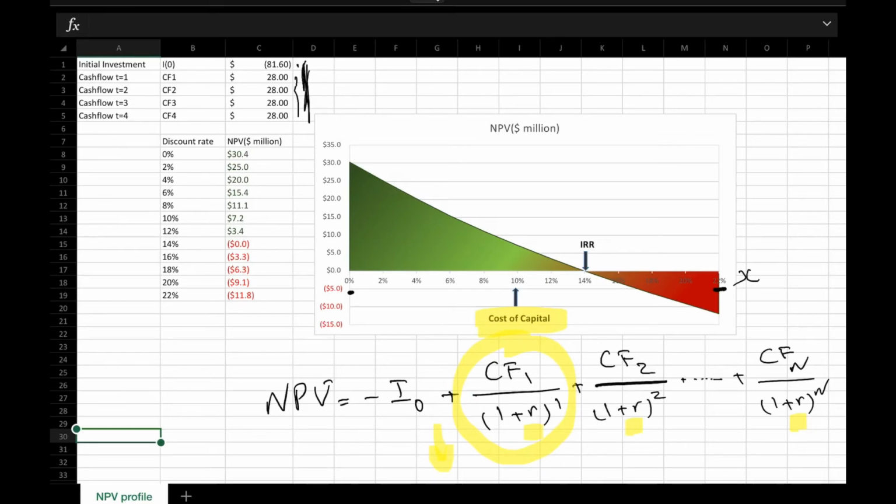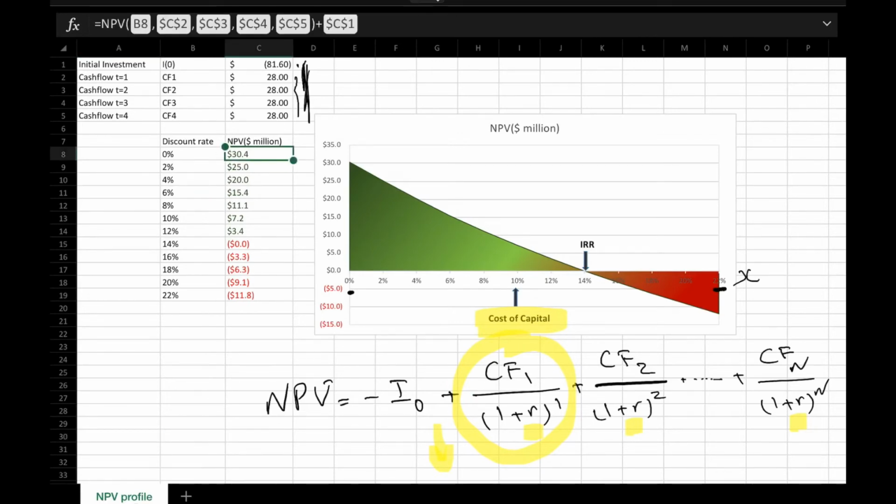Then to calculate the NPV, you would write equal NPV and open the parentheses, and the very first input would be the discount rate. So B8 is this. So first I'm going to enter the discount rate, and after that I'm going to enter these four cash flows.